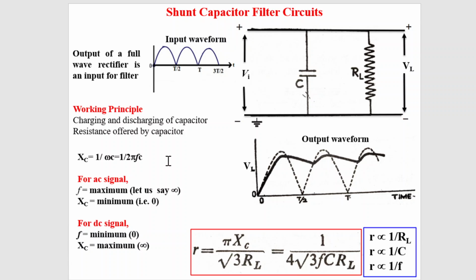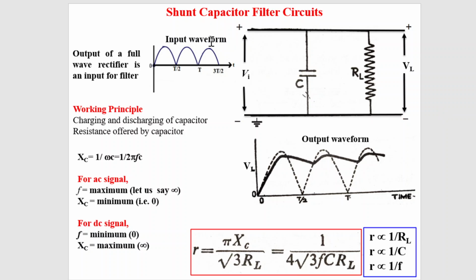For a DC signal there is no frequency, it is constant. So if we analyze these two signals, AC and DC, and find the value of the capacitive reactance offered by the capacitance, then we can get some idea how this shunt capacitor filter circuit works.